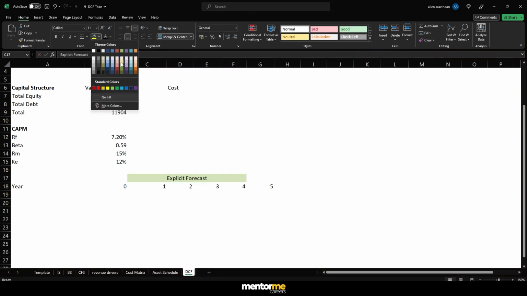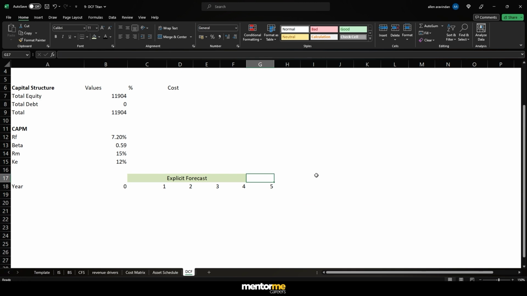Now the reason why we are using a three-stage model is because the company is still growing and the market share of the company is still way far from a mature company, right? So first is the explicit forecast, then we look at linear growth.